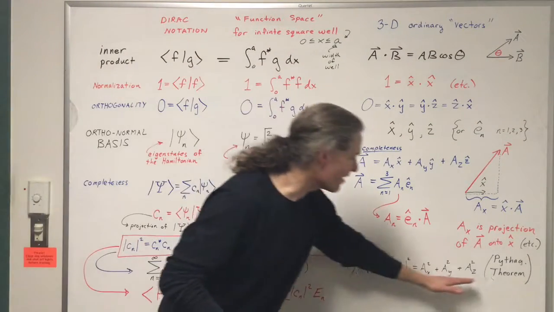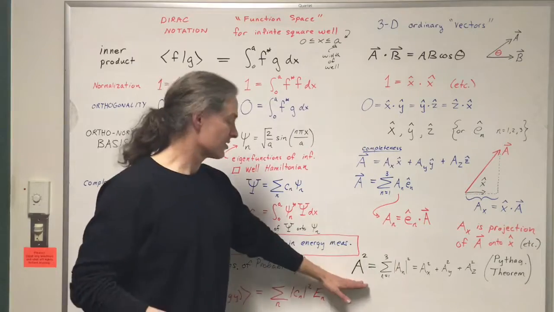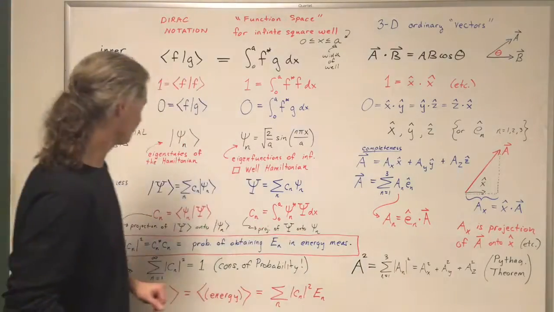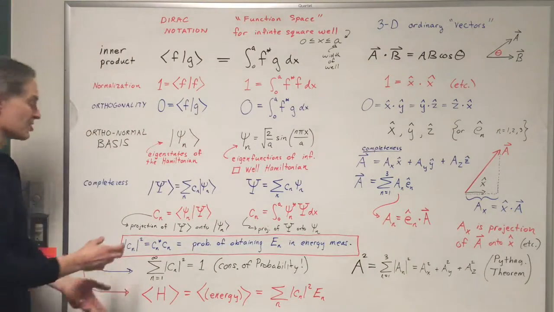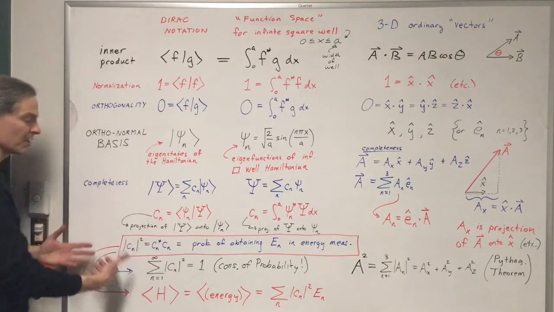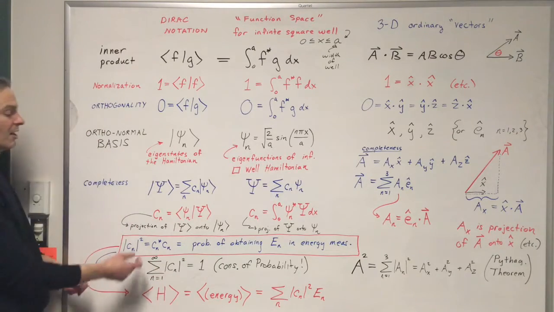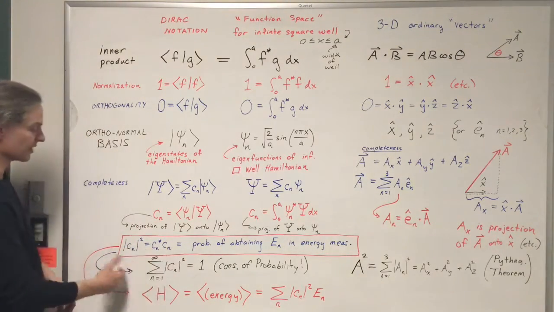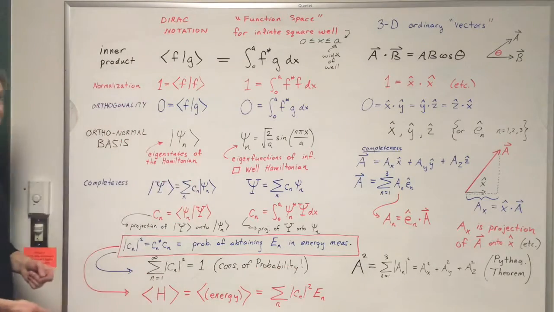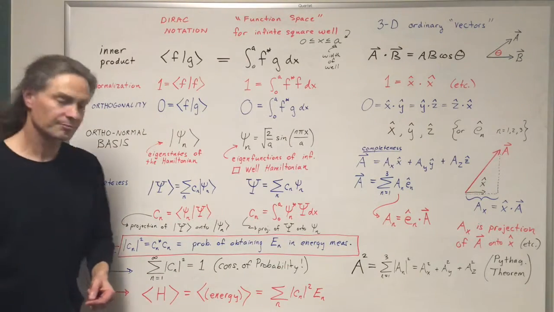I need to square these things to get something that means something. So it shouldn't be so surprising that to get something meaningful in quantum mechanics, you need to square these things to get, for example, conservation of probability.